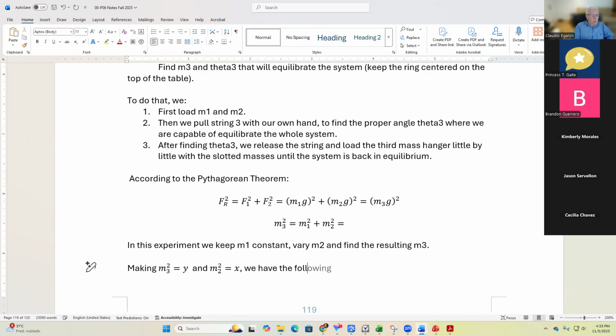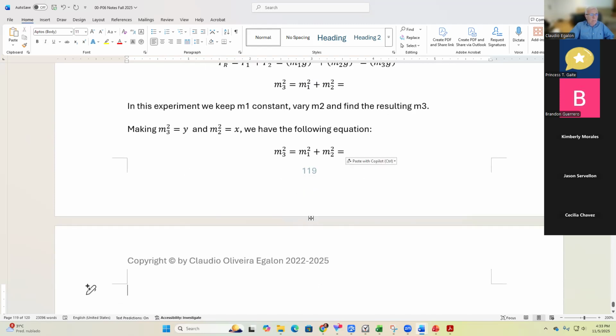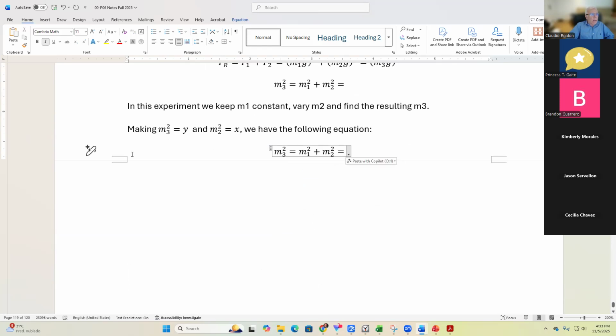What was m3 squared on the left side becomes y. Don't forget, m2 is a variable. This one's going to be y. This is going to be x.